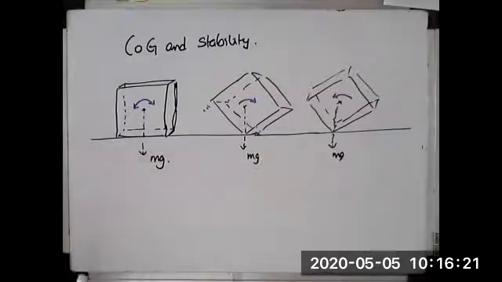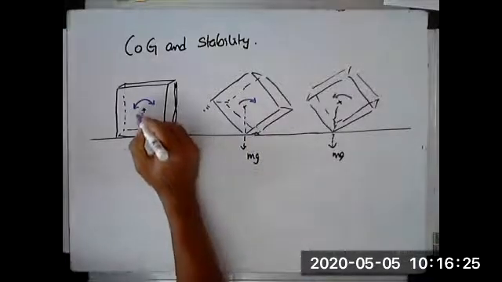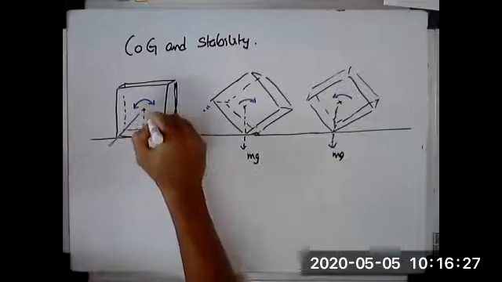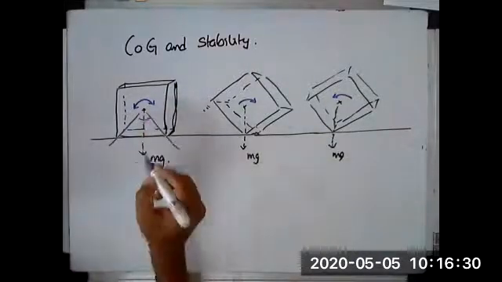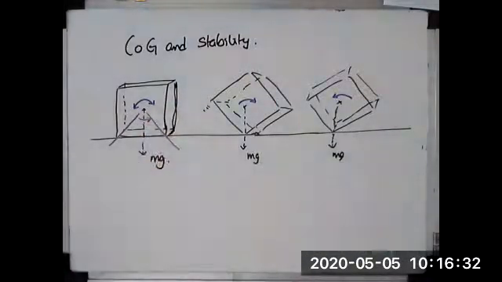So obviously the angle through which you can actually tip this object is this, before it will topple over.